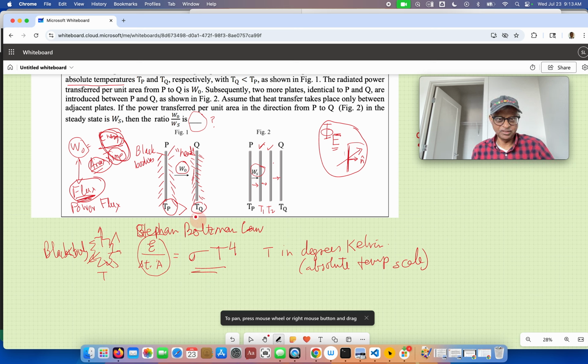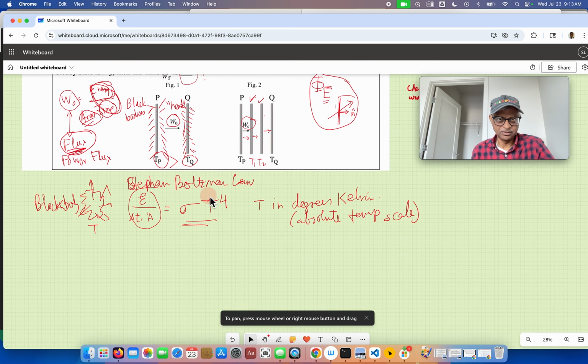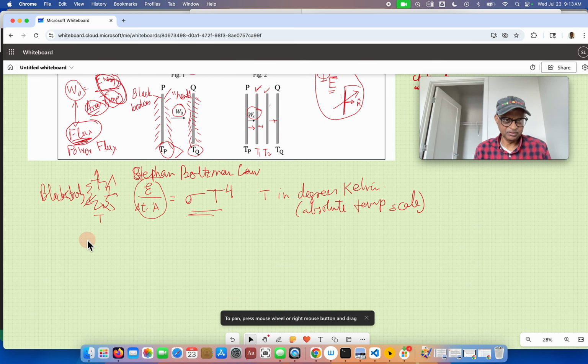So this thing they're calling W0 in this problem will simply be how much this one gives off minus how much this one gives off.